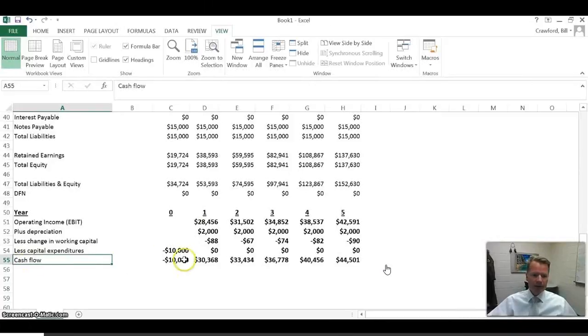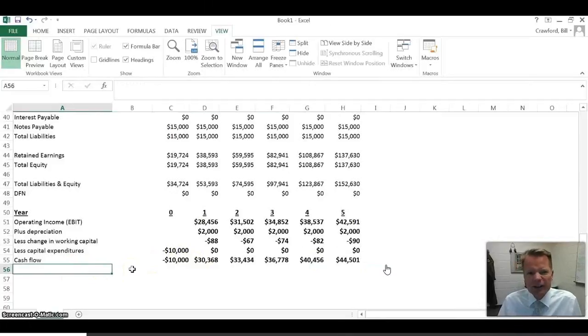So in this case, we had a negative $10,000 cash flow at the start of this new forecast, and that resulted in these cash flows which we've added up here, which is great. But how do we do a net present value? Well, the net present value is the value of all of these cash flows as though they happened today.